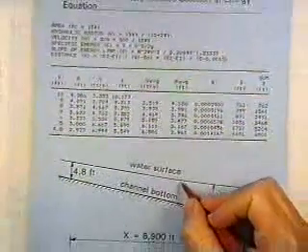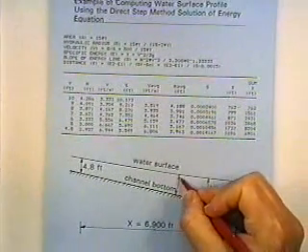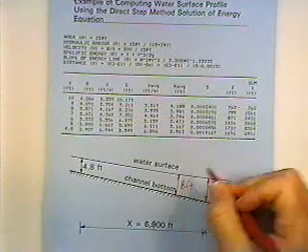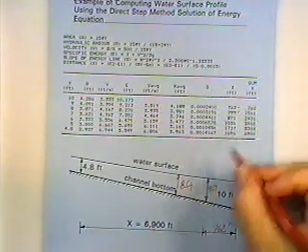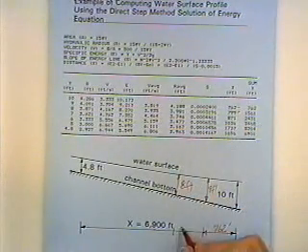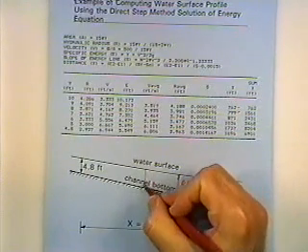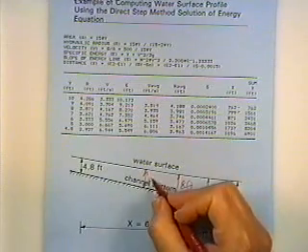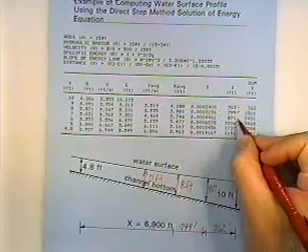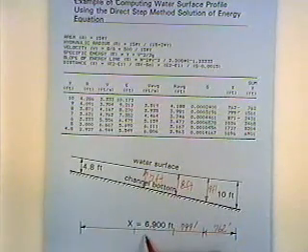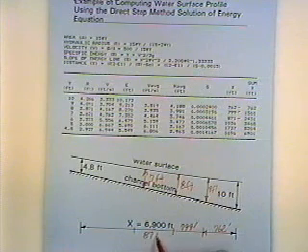And then someplace the depth is 8 feet. I used the energy equation, did the same computations, and got 799 feet here. And then someplace here the depth is 7 feet. Used the energy equation, got a horizontal distance here of 871.